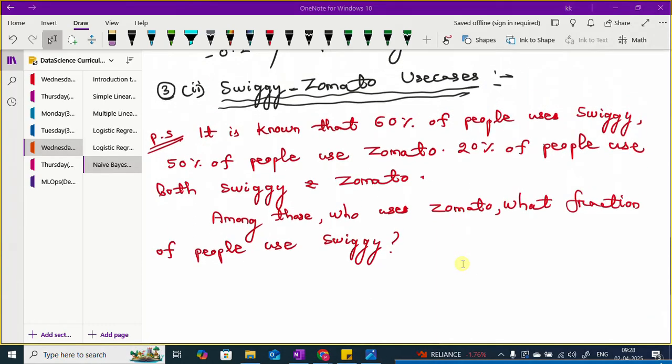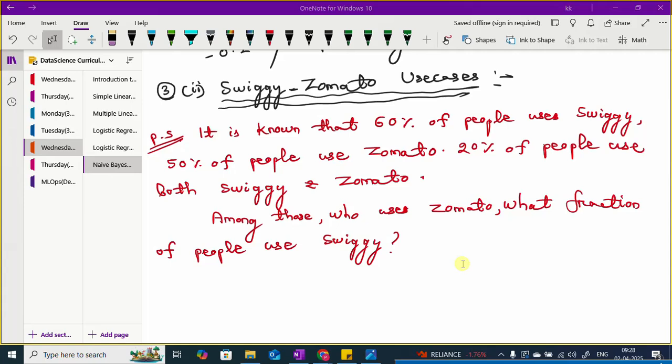This is the Swiggy Zomato business use case. It's a real-time use case. Generally, when you join Swiggy, Zomato, a startup, or Amazon, this is the type of problem statement you will solve as a data scientist or machine learning engineer.